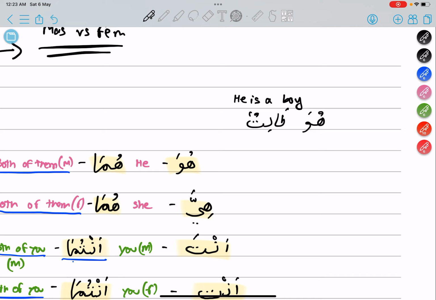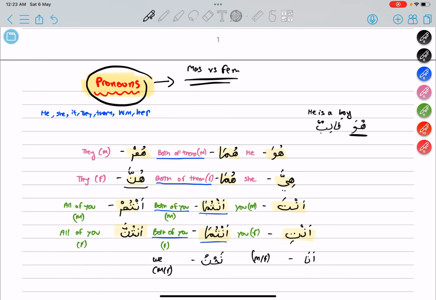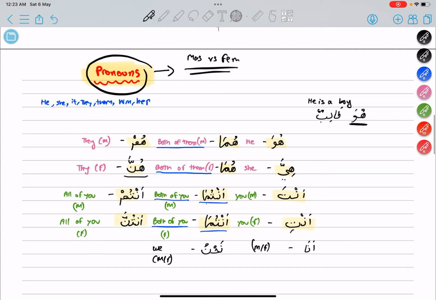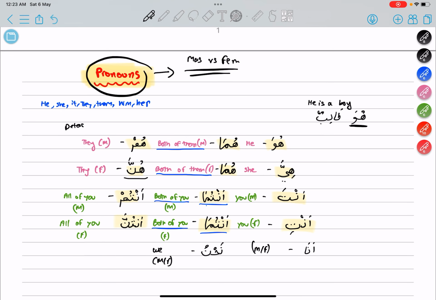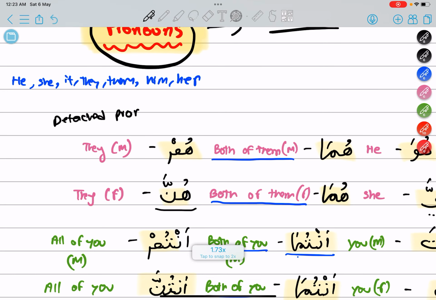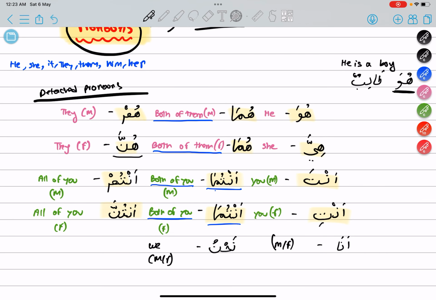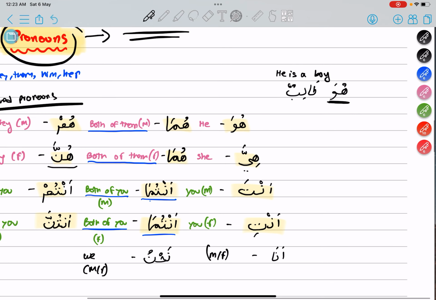So you see, it's before a word. These are called the detached pronouns. They're detached from other words. And once you've memorized this, inshallah, in the future, we're going to be learning the attached pronouns. Words that are pronouns, but they're like a shorter version of each of these.